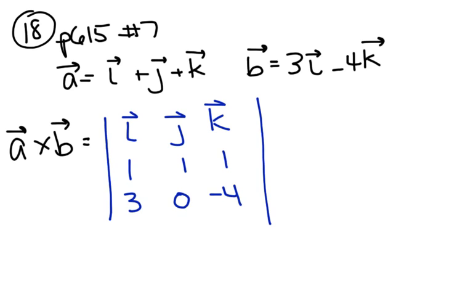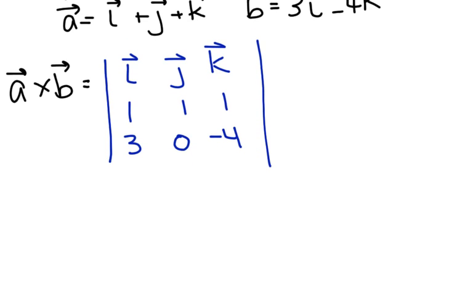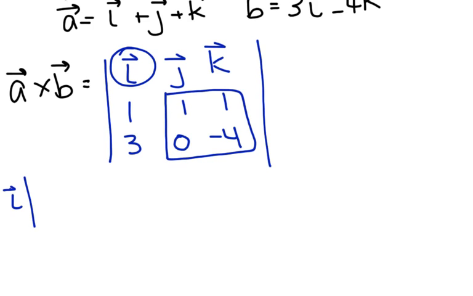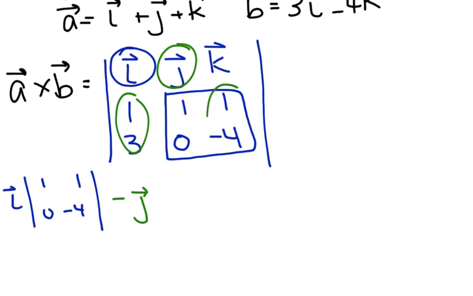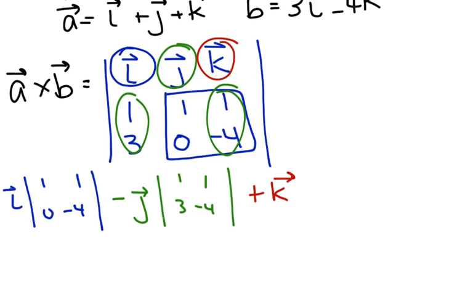Alright, the way that the cross product works is first you're going to do I times this determinant, and then you're going to do minus J times this determinant, plus K times this determinant.